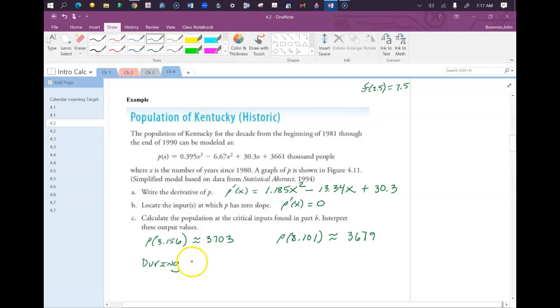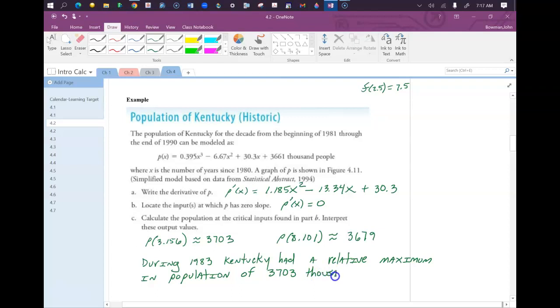So during 1983, Kentucky had a relative maximum in population of 3,703,000 people, because that function was in thousands of people.